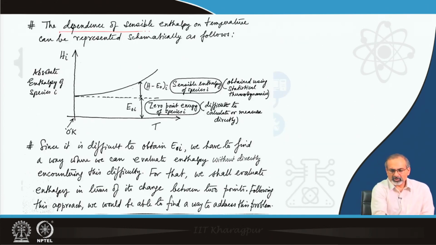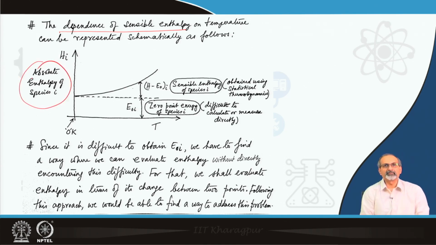Coming to the dependence of sensible enthalpy on temperature, this is a very important representation that we should look at. So, the y axis shows the absolute enthalpy of the species and the x axis shows the temperature on absolute scale, and this curve basically shows the absolute enthalpy content.